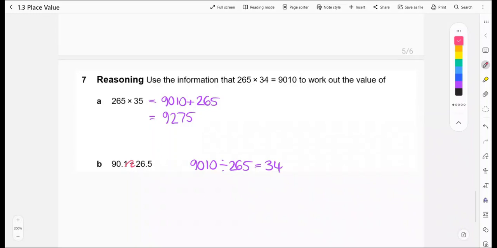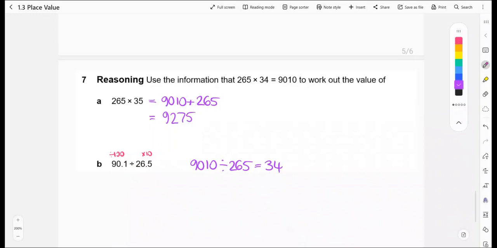Well, 90.1 is 9010 divided by 100. So we have divided our original number by 100. However, we're then dividing by 26.5. That is actually 10 times less than 265. So the calculation we're going to do to 34 is first we're going to divide it by 100 because 90.1 is 100 times smaller, but then we're actually going to multiply it by 10.